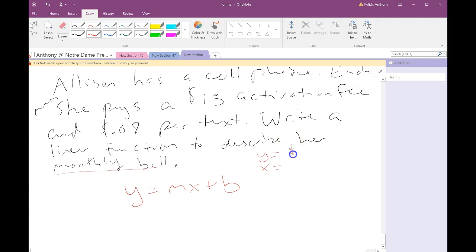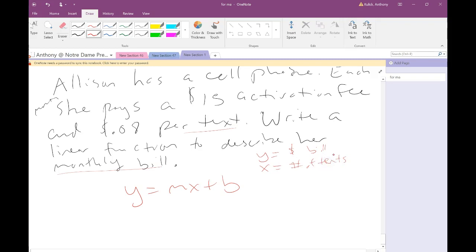Monthly bill. So like that's the dollars for the bill, right? And that depends on what quantity? Well, the number of texts, right? That's the thing that's going to cause the bill to change. Everybody okay with that idea?